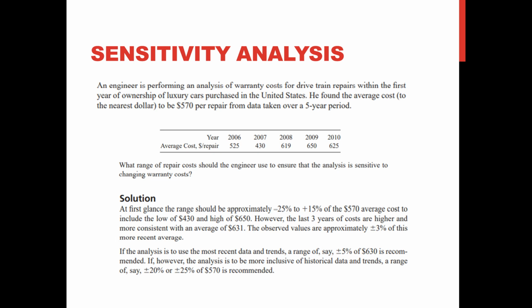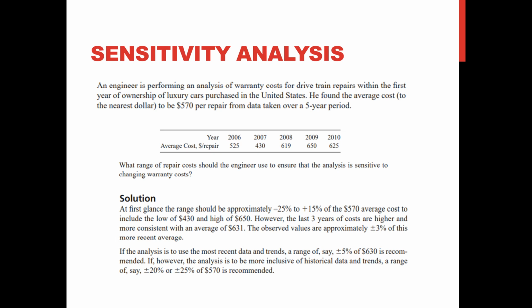paano nakuha yung 25%? 525 minus 430 divided by 570, or the average 570 minus yung pinakamababa divided by 570.